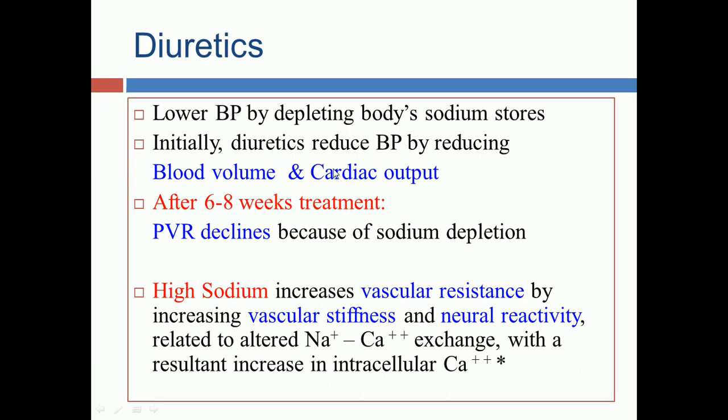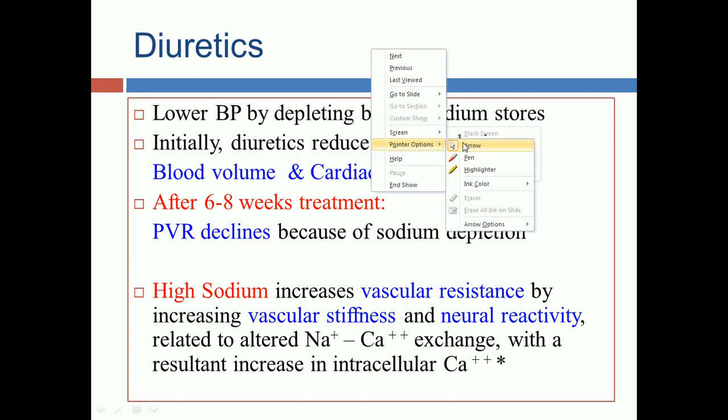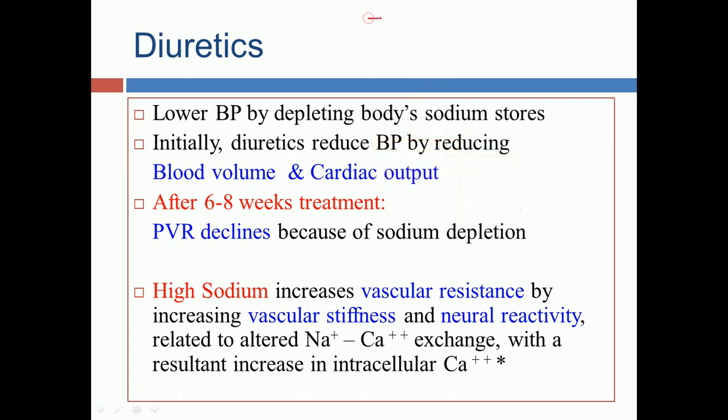So obviously what actually happens with diuretics: if this is the blood vessel, it has a certain amount of blood in it. The diuretic causes excretion of sodium and water out of the body.